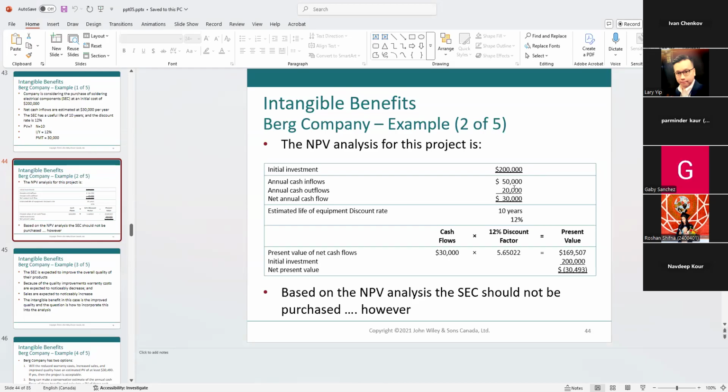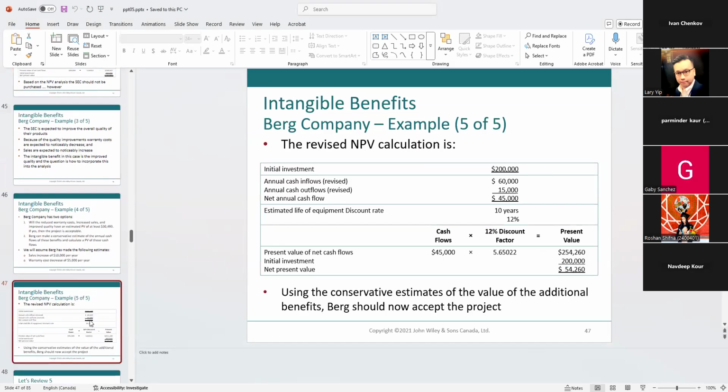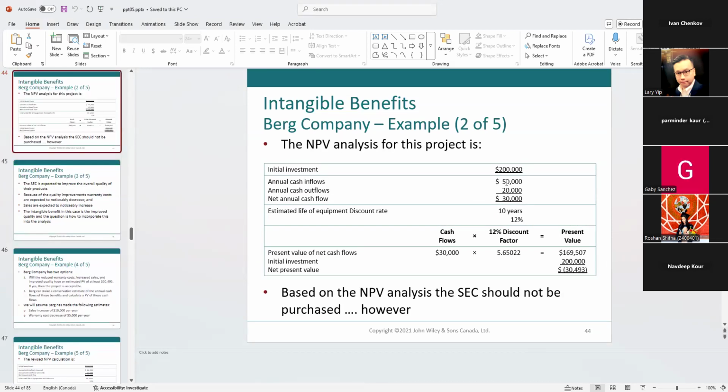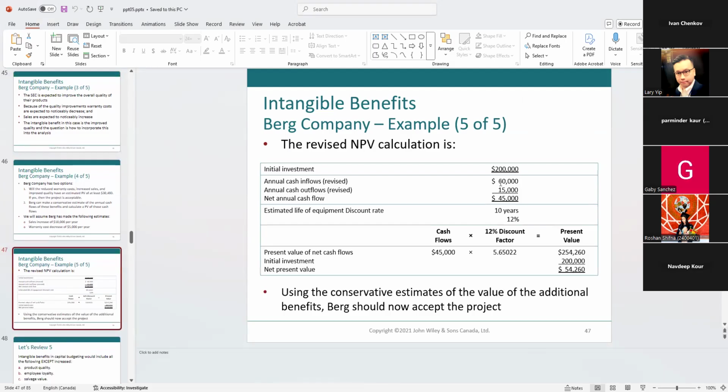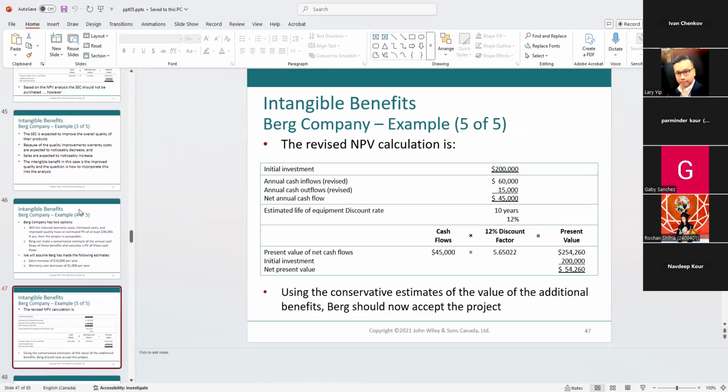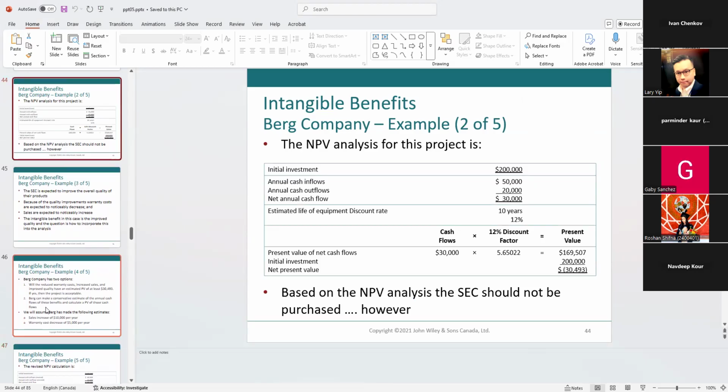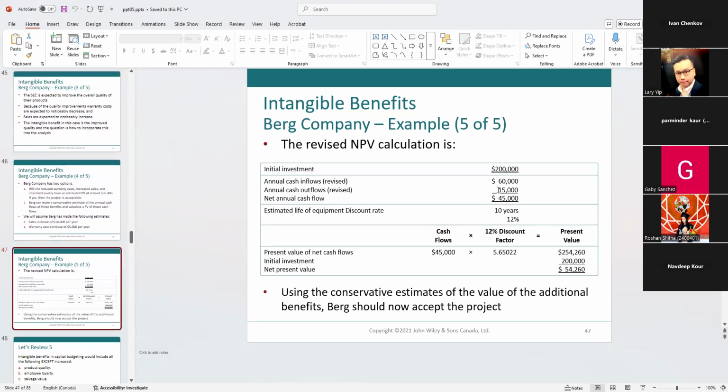Now in the second scenario, when we do those changes, the revised cash inflow is going to go from 50 to 60, because we have increased it with 10. And then the cost from 20 is going to go to 15. Does that make sense?